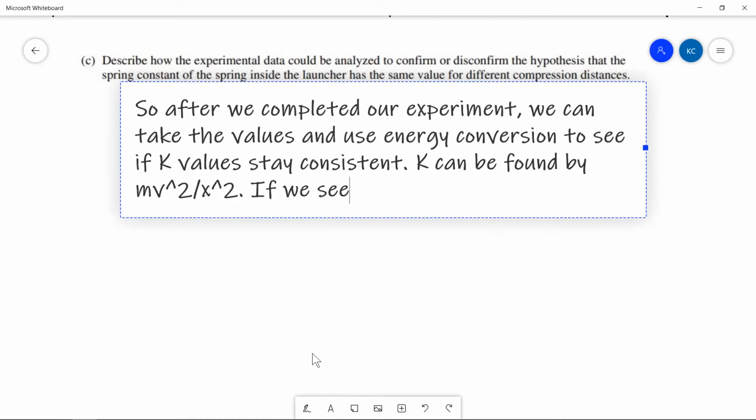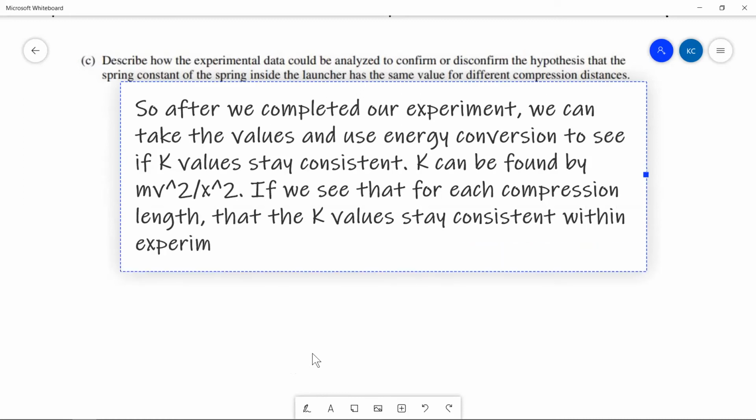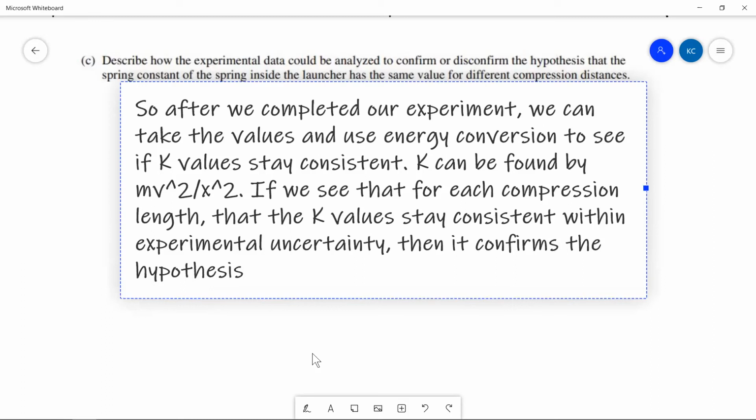If we see that for each compression length the k values stay consistent within experimental uncertainty, then it confirms the hypothesis that k doesn't change.